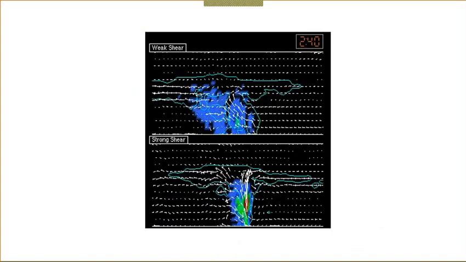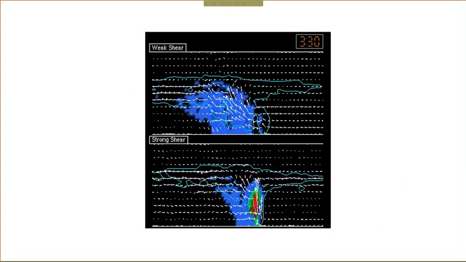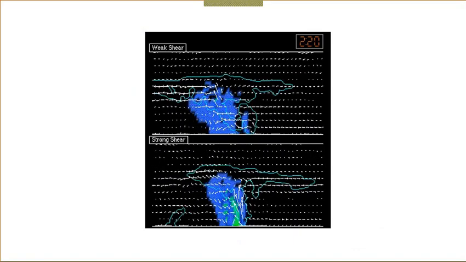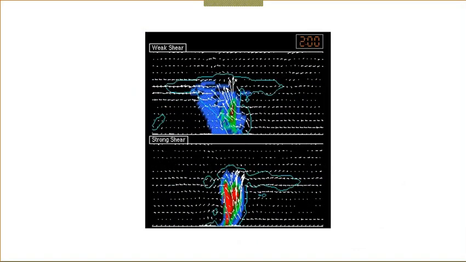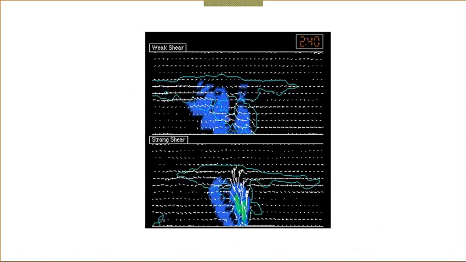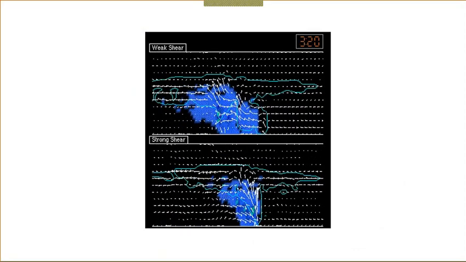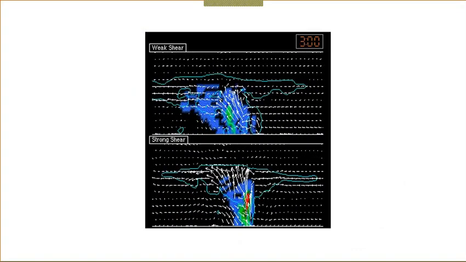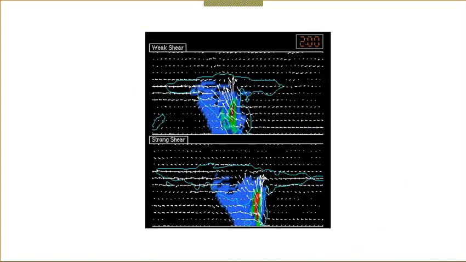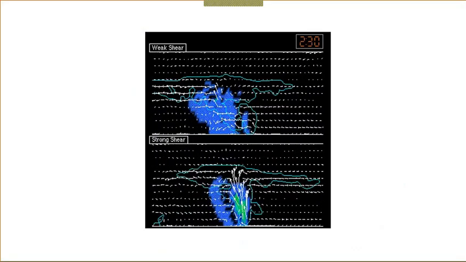In the second case, with an upper level wind which makes an angle with your front, you can see nicely the updraft and the downdraft in this animation. And you can see the continuous generation of new daughter cells on the downstream side.